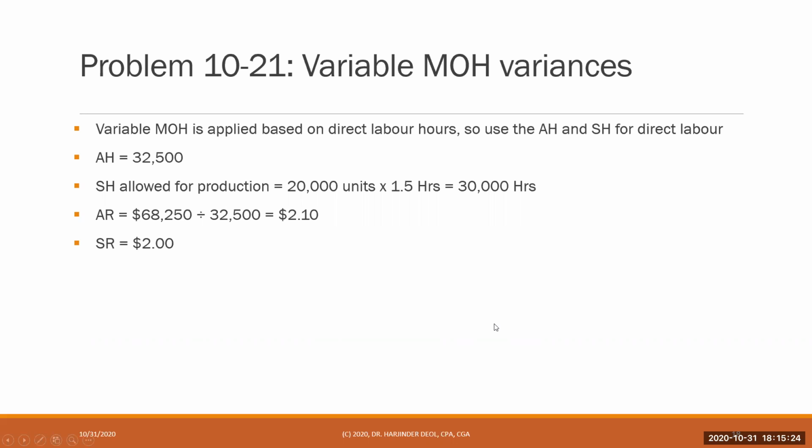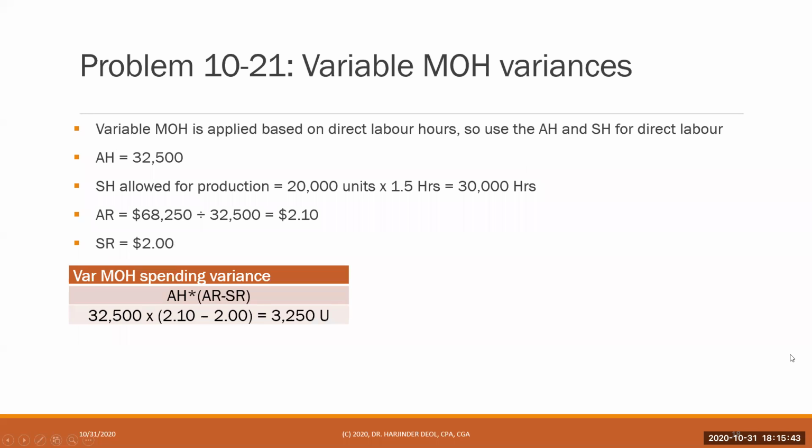So here we look at the actual spending rate, $2.10, and compare it to the standard rate of $2. We see that the actual rate is more than the standard rate. So 10 cents more for every hour. For a total of 32,500 hours, we get an unfavorable spending variance, $3,250.